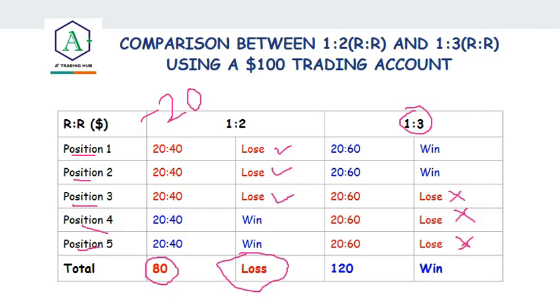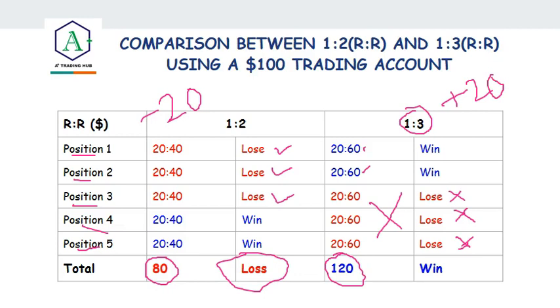At the end of the day, you earn $120, because 60 here plus 60 here is 120. So you see that you have recovered the losses you made here and still made profit on top. So you have made a profit of $20 if you are using 1:3 risk to reward.